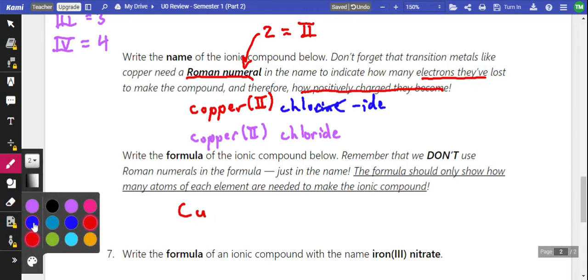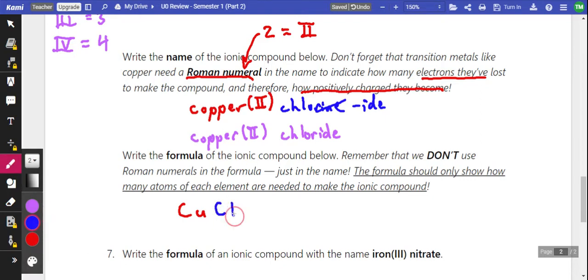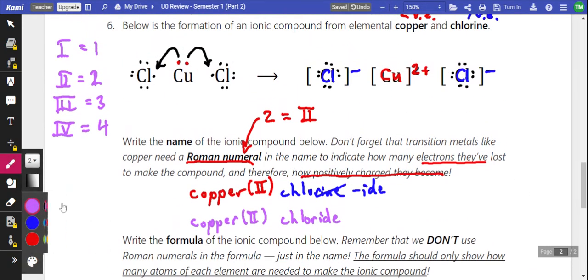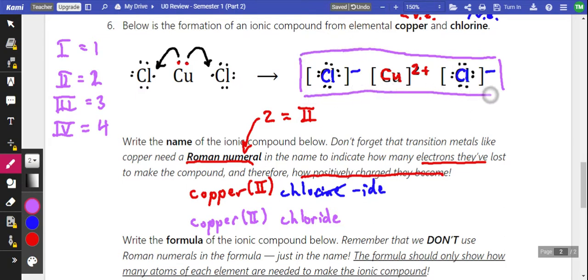We have 1 copper atom. We also have 2 chlorine atoms that make our ionic compound: CuCl with a little 2 there. Just to double check, this ionic compound should be nice and stable because all our charge cancels out. We've got positive 2 charge, 2 negative 1 charges. So that's good.